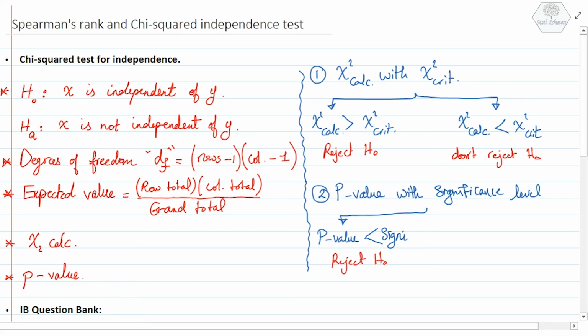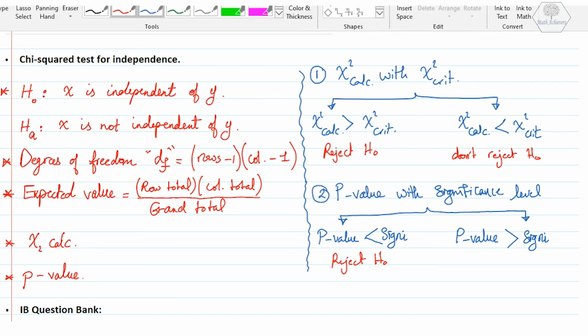If the p-value is greater than the significance level, then we don't reject H0.